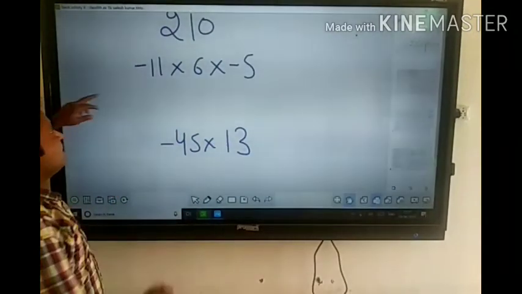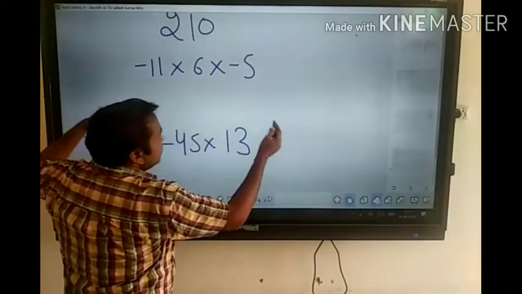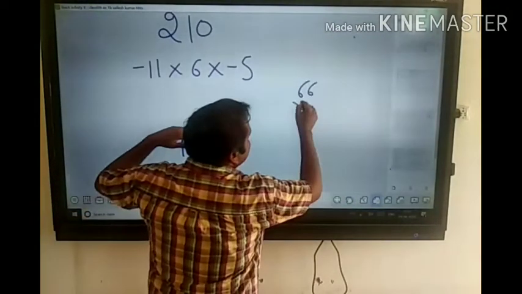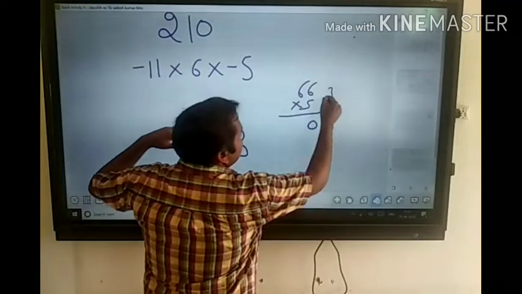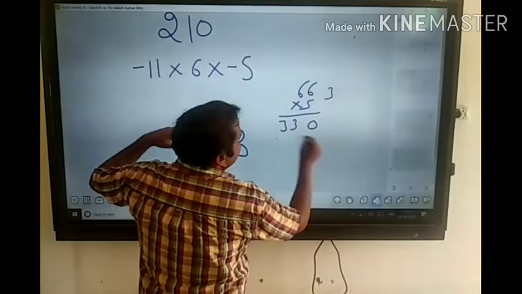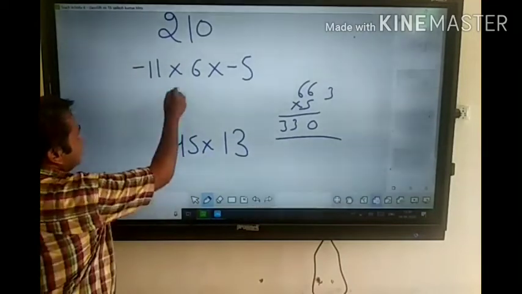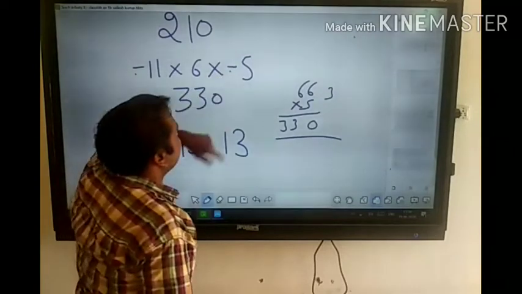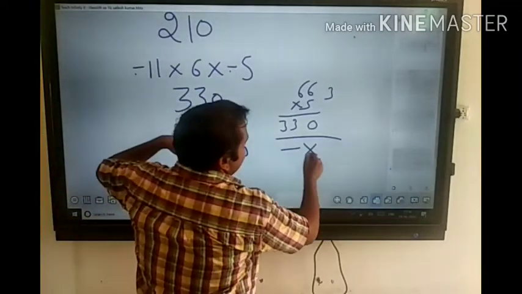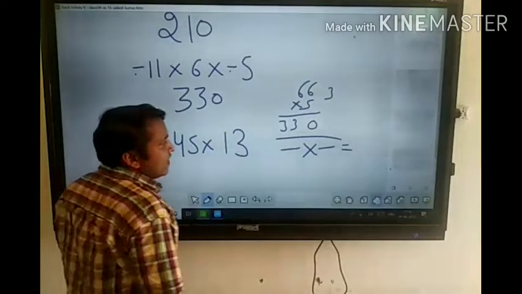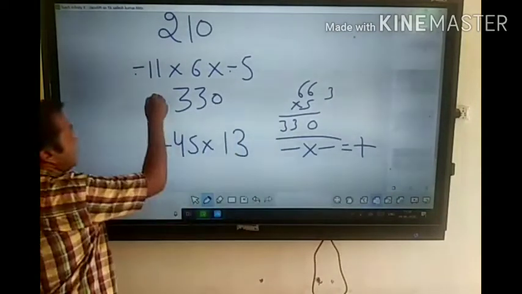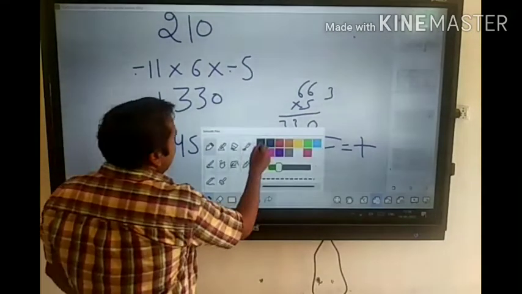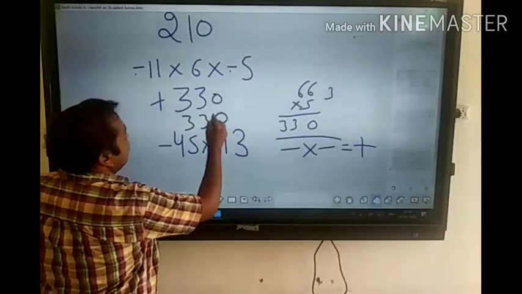So 11 multiply 6 is 66, and 66 multiply 5 is 330. Minus and minus multiplied an even number of times gives plus. So I will write plus. I can skip the plus also. So I will write the answer 330.